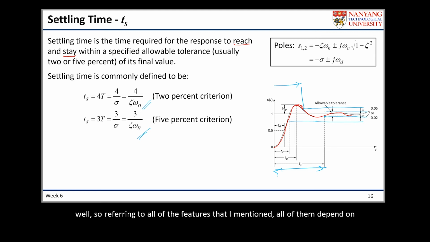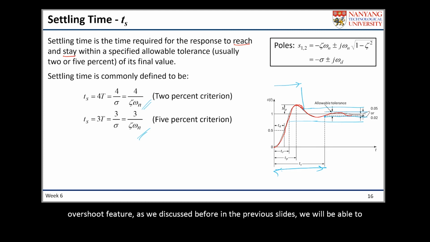So referring to all of the features that I mentioned, all of them depend on zeta and omega n except for maximum overshoot, Mp. Maximum overshoot only depends on zeta. Okay, so from there you should be able to estimate the parameters of your second order system using the maximum overshoot feature.